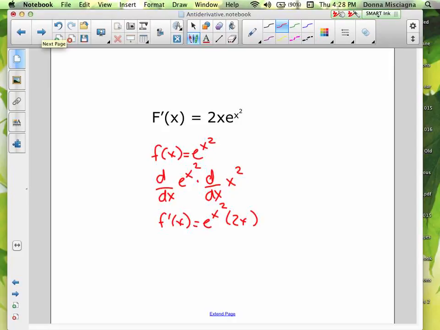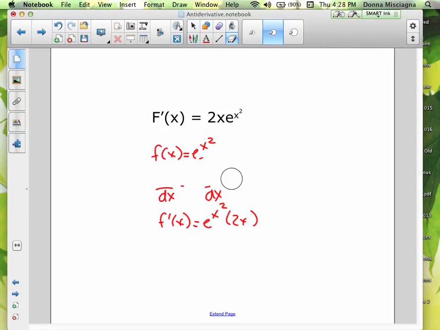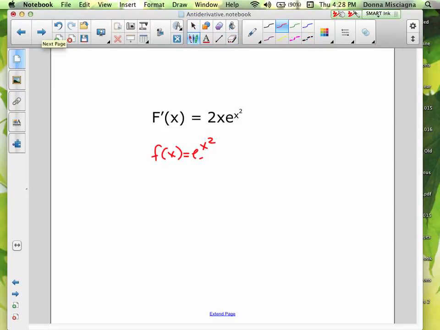So we have to take the derivative of just the e to the x part, or e to the blop. That may be a better way to explain it. Remember when we started off the chain rule? We would take the derivative of e to the blop. So d dx e to the blop times the derivative of the blop.